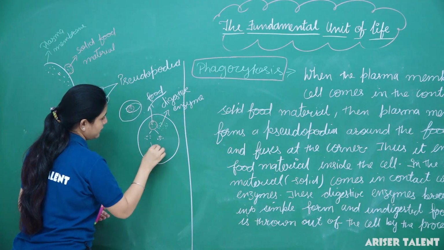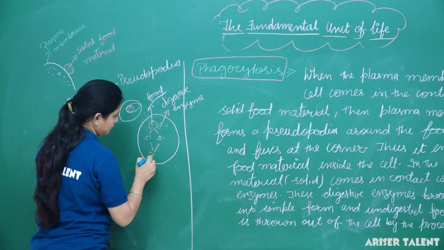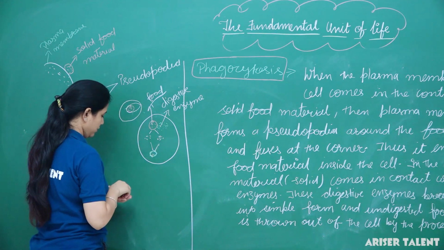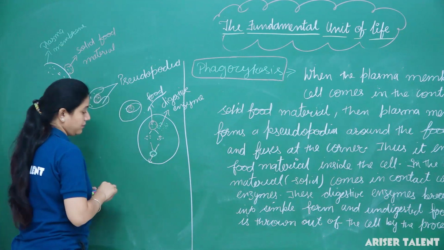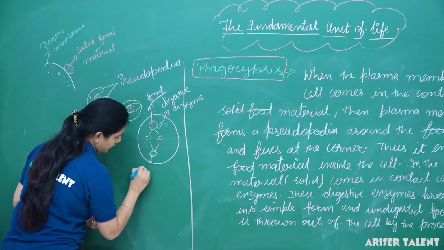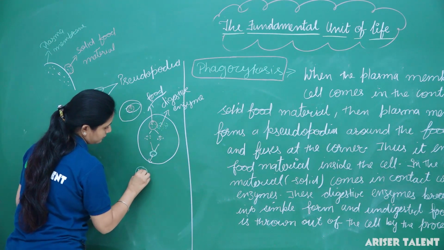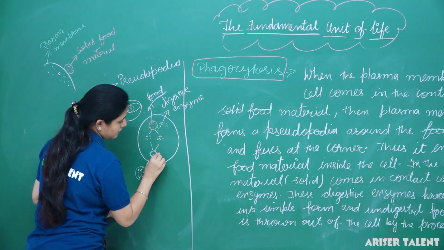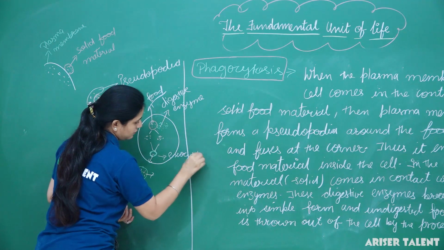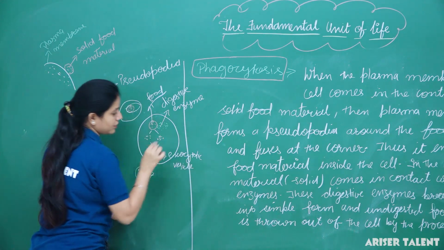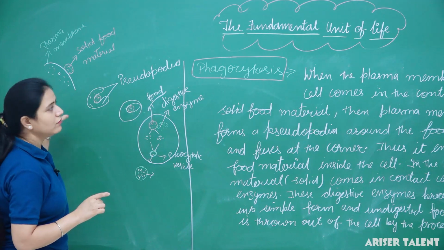Then the undigested food here will be thrown out of the body by the process of exocytosis. This is the exocytotic vesicle, which contains what? Which contains undigested food. So this is all about the process of phagocytosis.